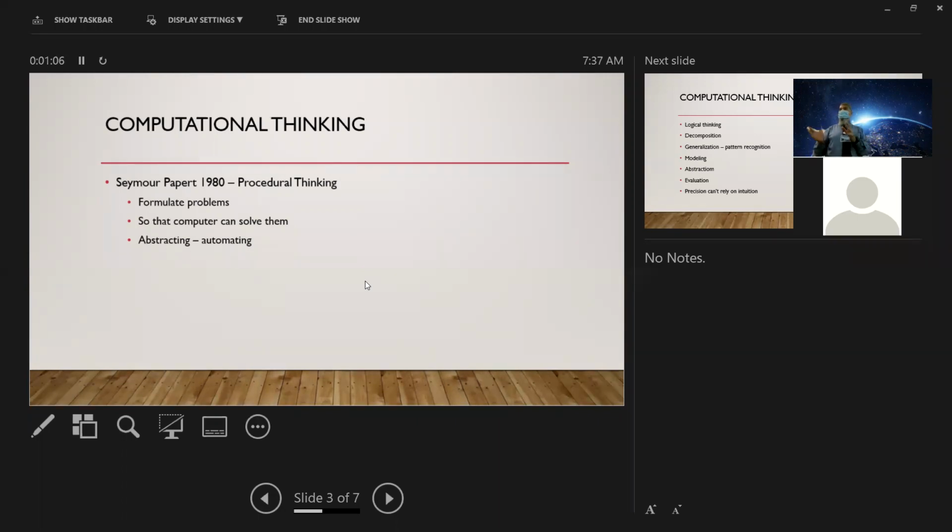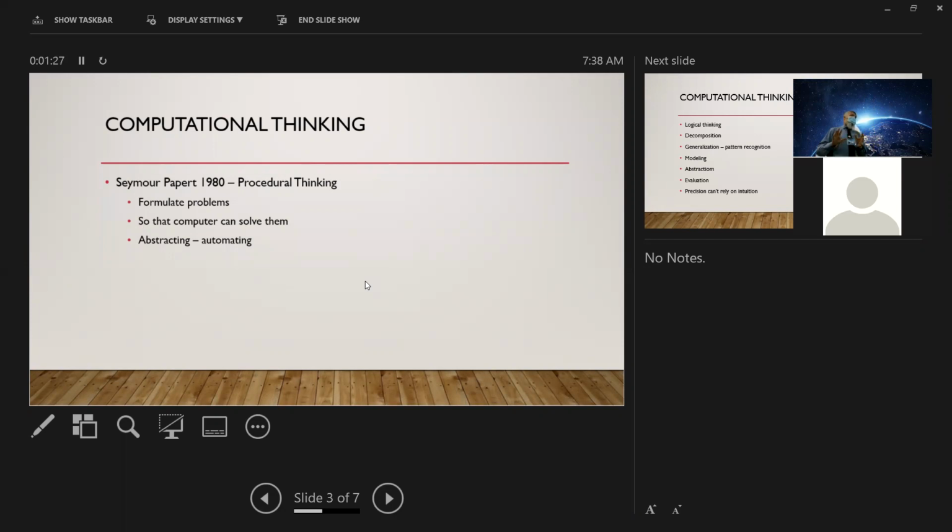Now, the added difficulty of solving problems with computers, and I think I tried to indicate this in our first lesson, is that we have to narrow down or get rid of a lot of the common sense and intuition that we use a lot in our normal problem solving and daily mode.